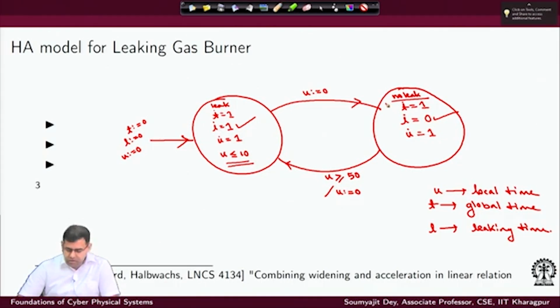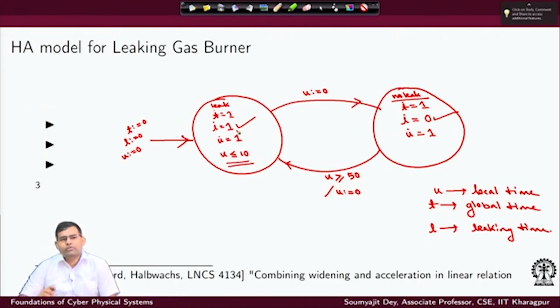Now, here using this L, we are remembering the amount of time of the leakage. Of course, L does not have any direct usage in the behavior definition, but if you need some additional information, if you need to record the total leakage time, then L is useful.